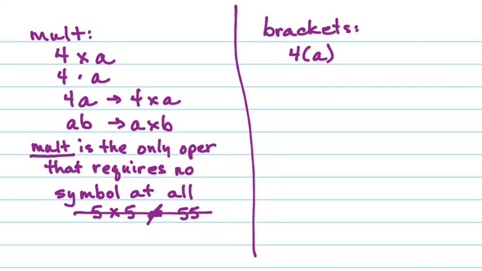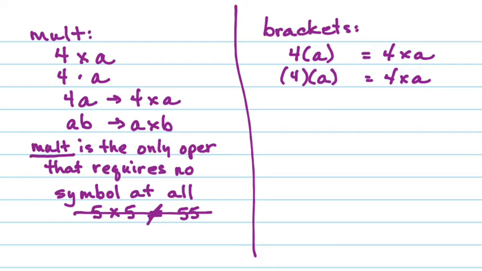So that literally means 4 times my A. I could also have a bracket around both of them. Notice there's absolutely nothing between those brackets. If there were a plus or a minus between them, then it can't be multiplication. They have to be just side by side, all by themselves. And that, again, is the same as saying 4 times A.